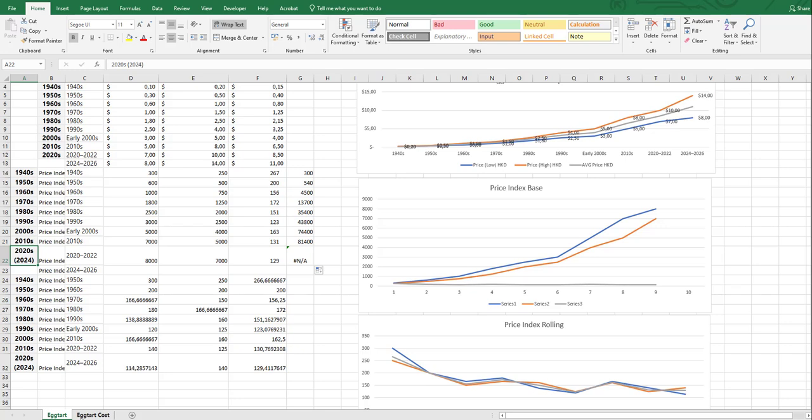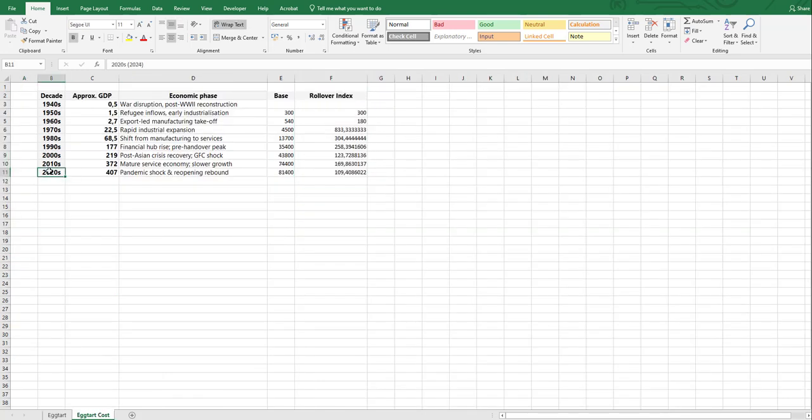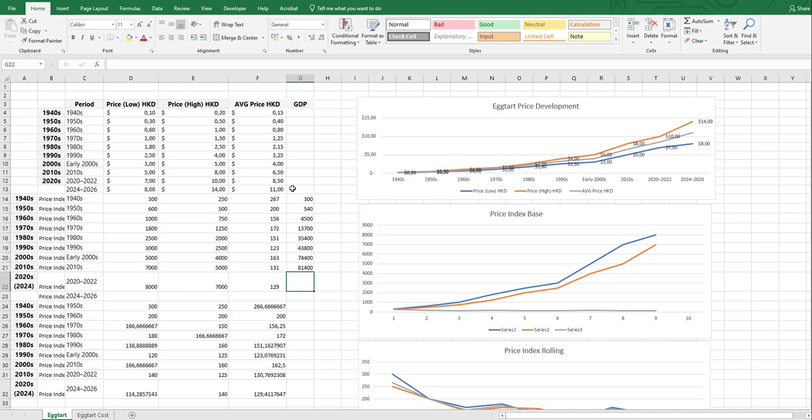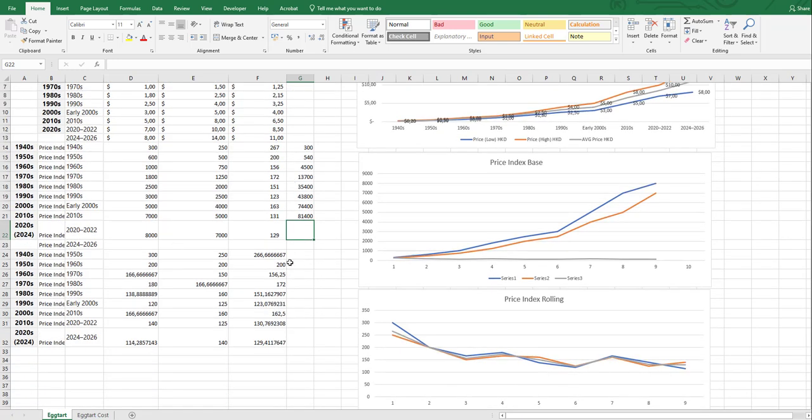2020s. Why is there no match? Okay, then that is this one. Yeah, the databases are a little bit shifted, but I think you get the concept.